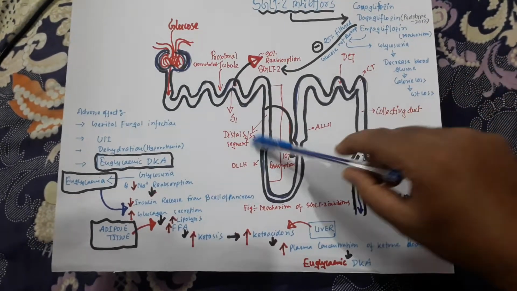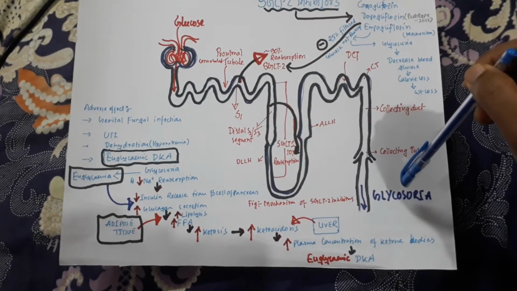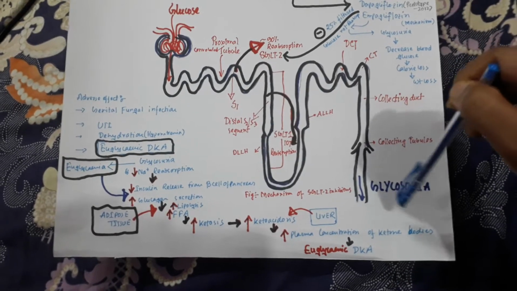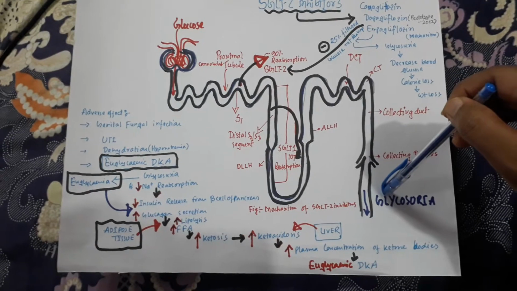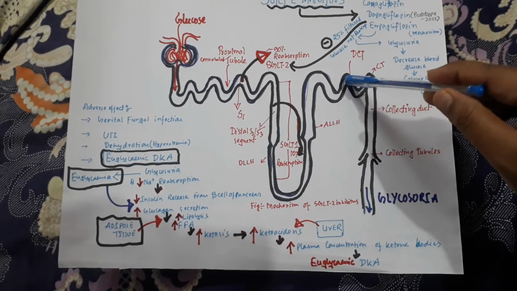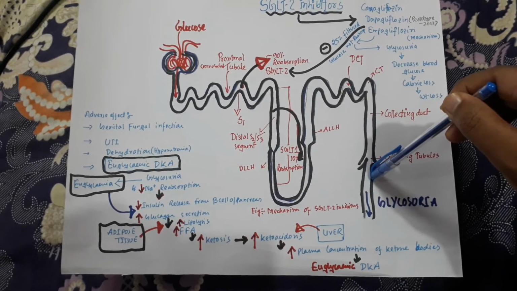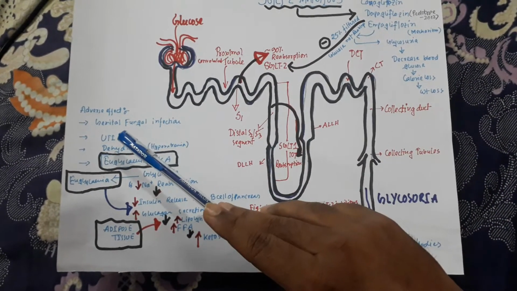But these drugs have some adverse effects, because glucose goes out with the urine and glycosuria occurs. Glucose is an important medium for the growth of microorganisms, and the urinary tract is very commonly infected by Escherichia coli, which causes urinary tract infection.